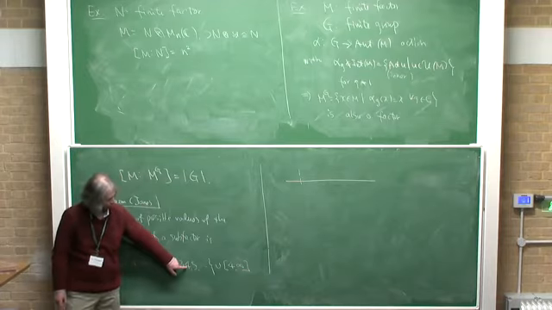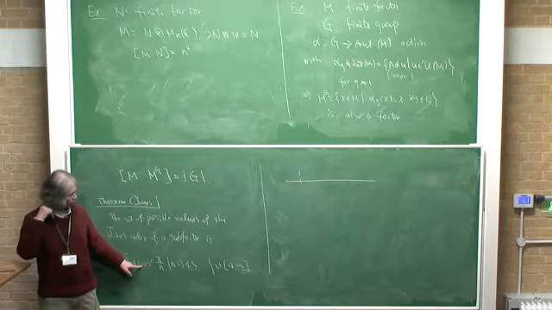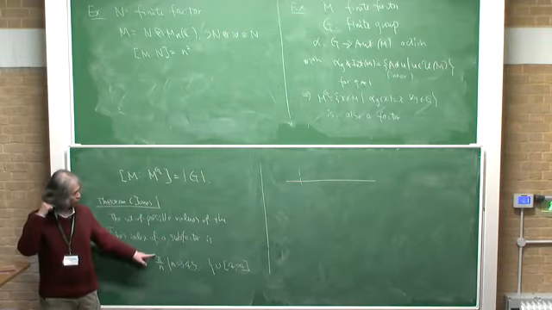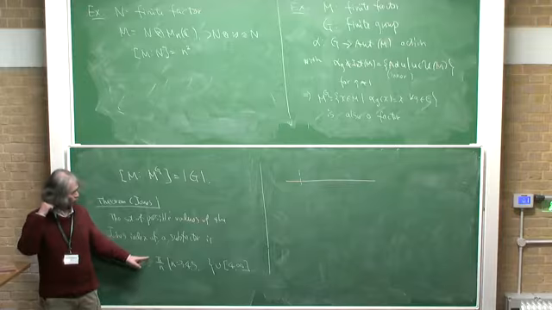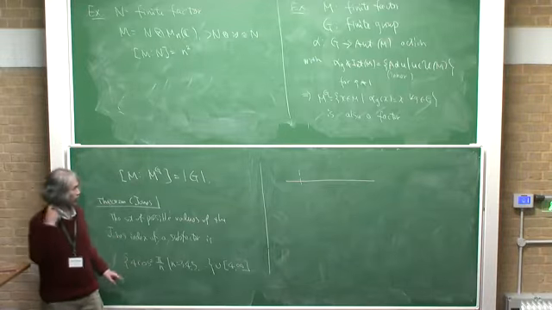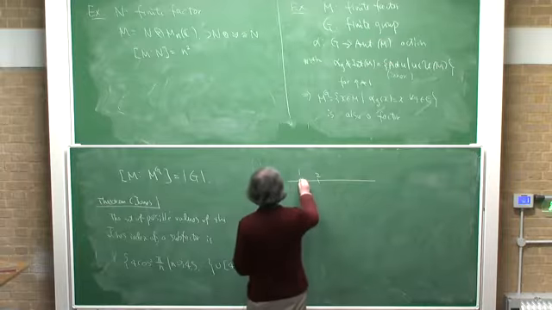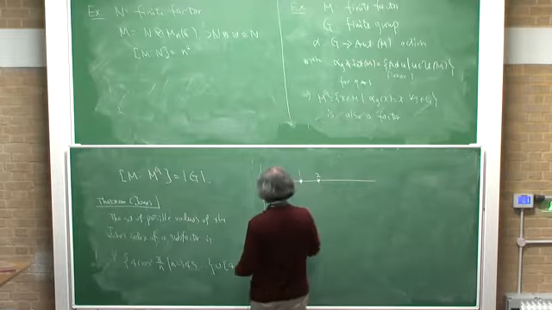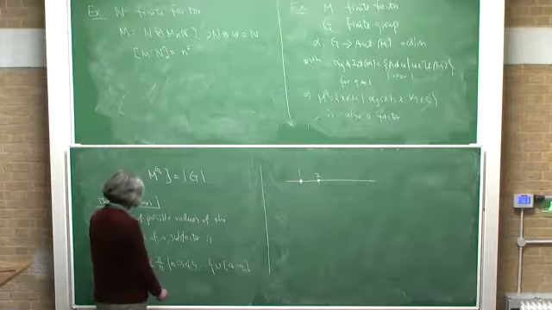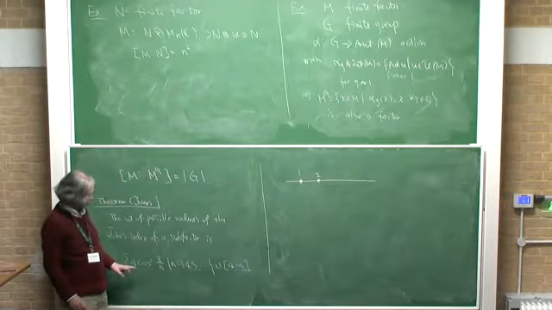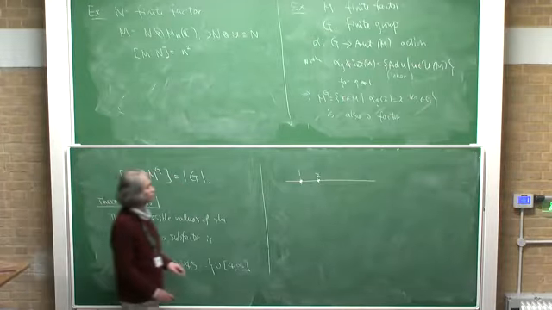The next value is for n equals 4, we have cosine of pi over 4, which is 1 over square root of 2. So the square is 1/2, times 4 is 2. So the first value is 1, the next value is 2. Then the next value for n equals 5 is somewhere between 2 and 3.